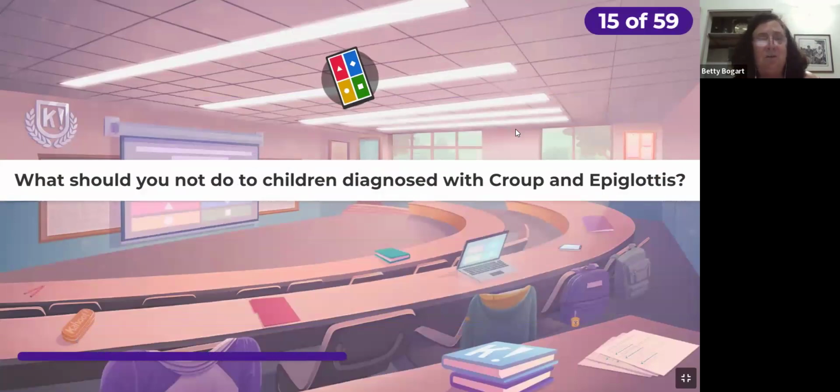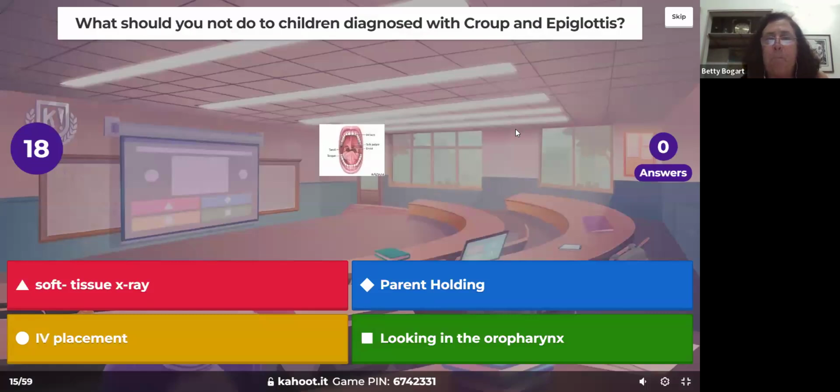What should you not do to children diagnosed with croup and epiglottitis?